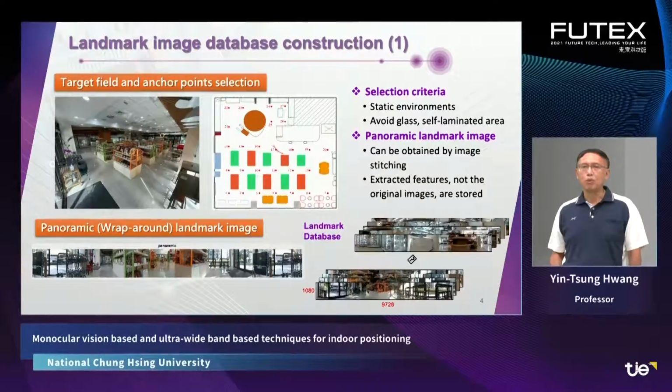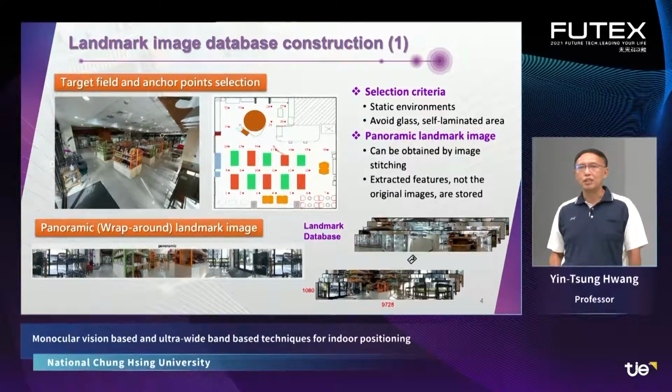For each anchor point, a landmark image, which is a panoramic view of the surroundings, is taken. This can be accomplished by image stitching. These landmark images then form a reference database for matching, and it's the extracted information, not the original images, that is stored.